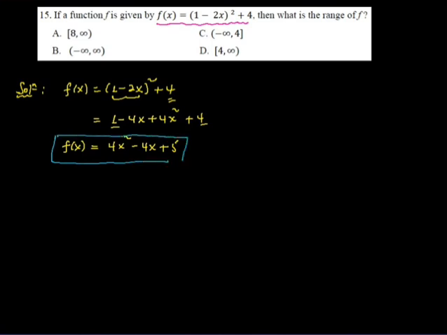This is our function. This function is a quadratic function which is upward, a positive 4 ስለሆነ upward ነው። So range የምንለው all possible values of y ነው for an upward parabola.